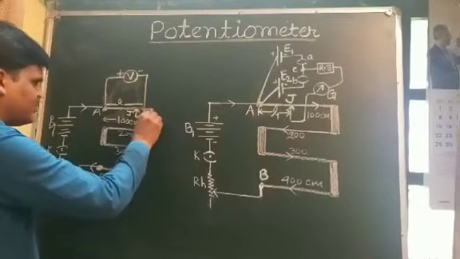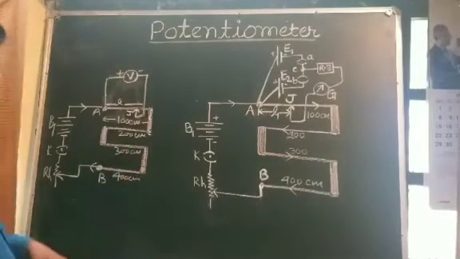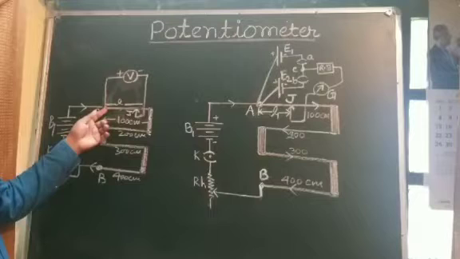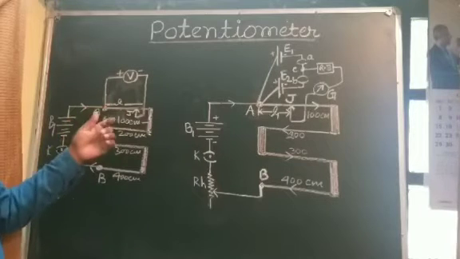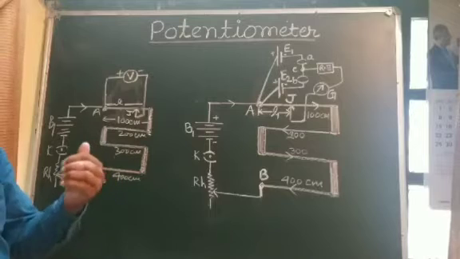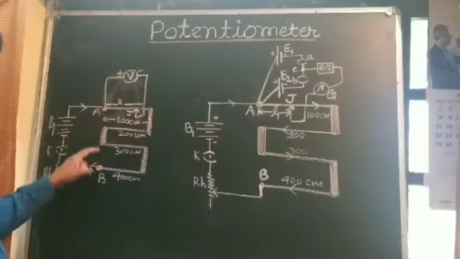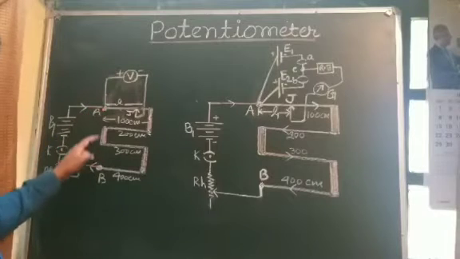This is the thick copper strip. So student, here we have taken the length of the wire as 400 centimeter, that is 4 meter, and the two ends of the potentiometer wire are A and B.